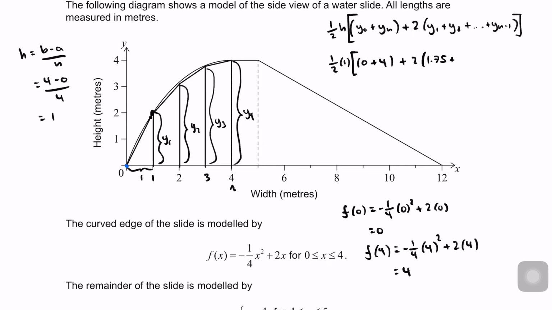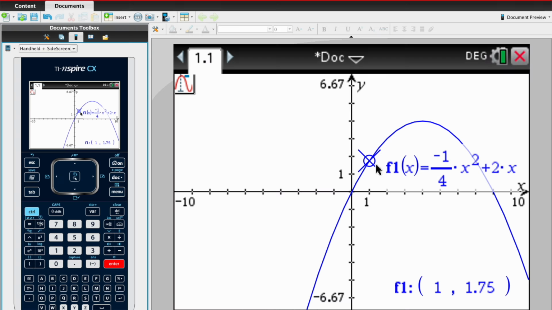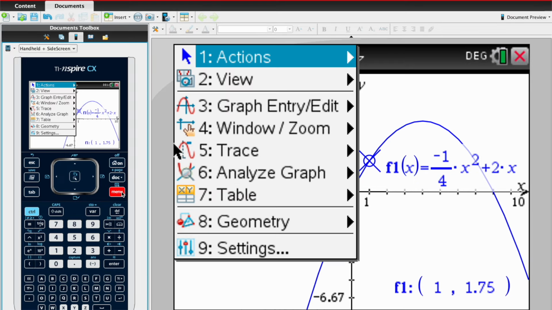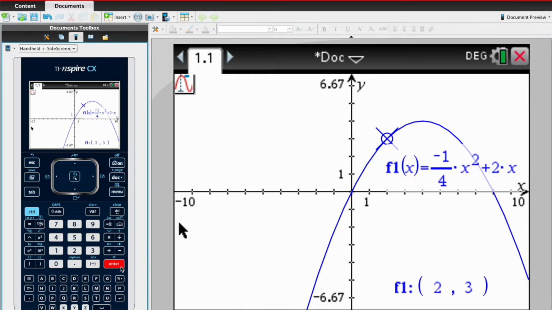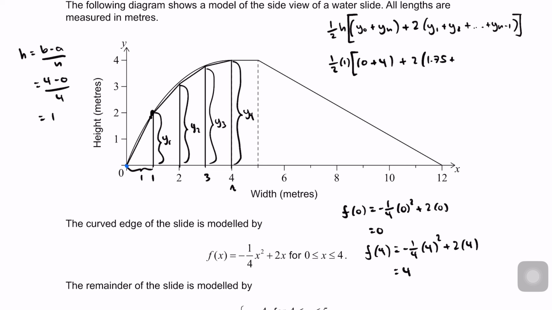And then let's look at y2 here. So when x is equal to 2, menu, trace, graph trace. Here we go. This is 3. I'm going to write this out. Plus, and then the last one.